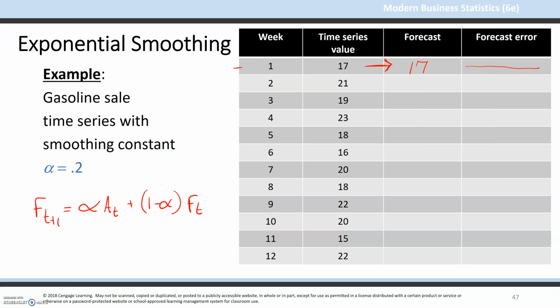When you work this through, if I were to do this formula right here, if I were to take the alpha, so alpha is 0.2, times the actual, which was 17, plus 1 minus the alpha, so that would be 0.8, times the forecast, which again is our initial forecast, when you calculate that through, it also gives you 17.